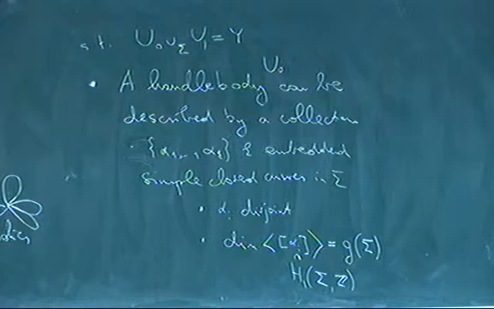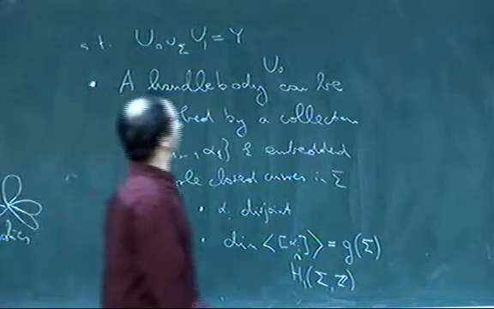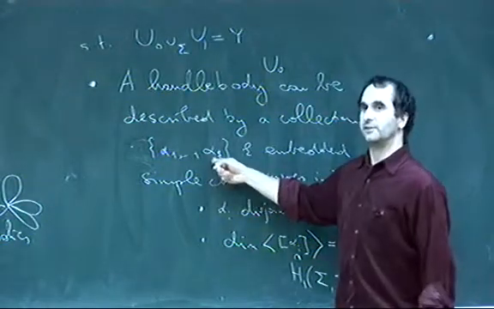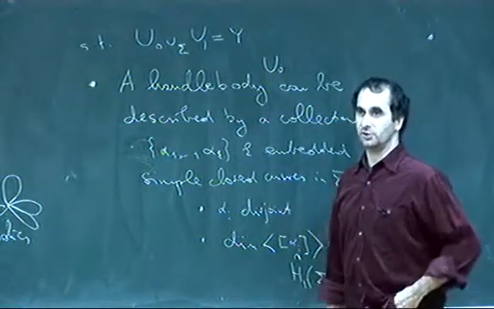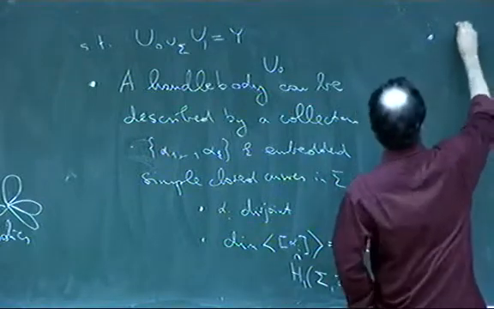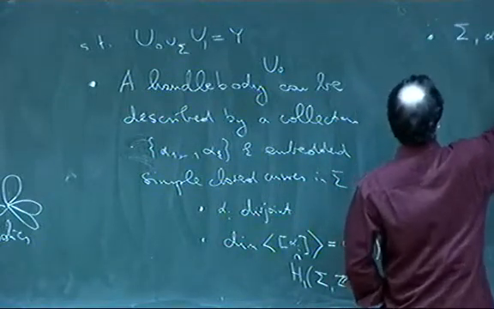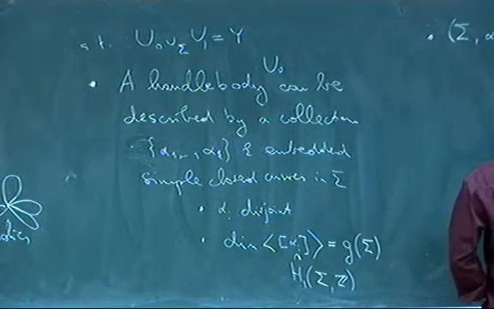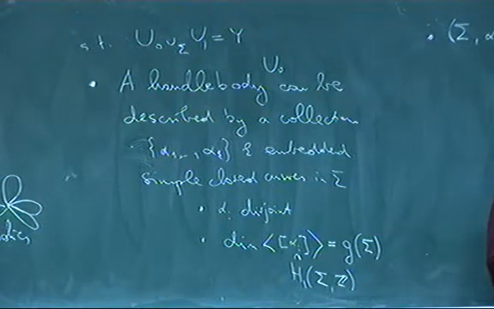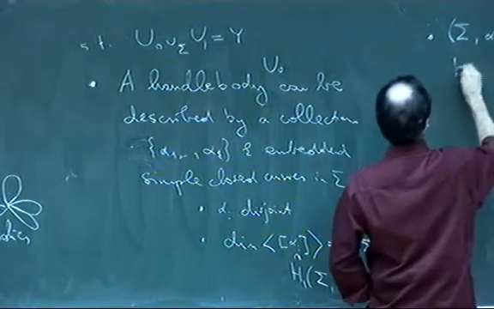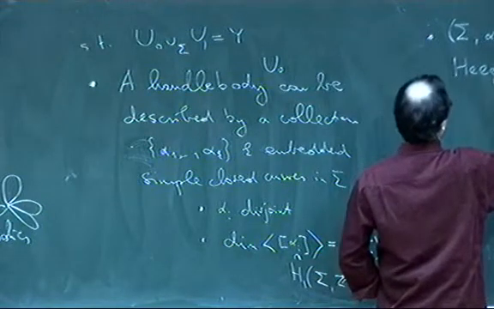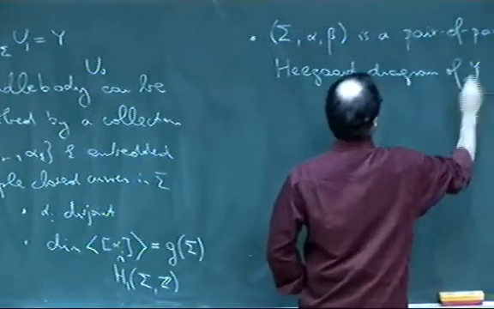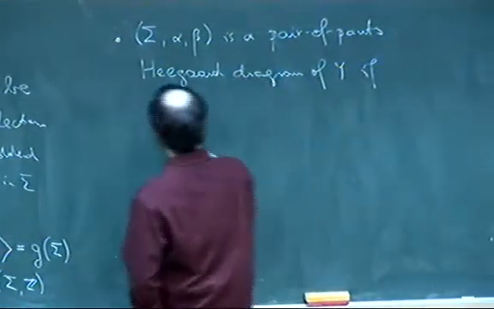So we will pay special attention to curve systems which provide a pair of pants decomposition of sigma. We say sigma, alpha, beta is a pair of pants Heegaard diagram of Y if the following happens.